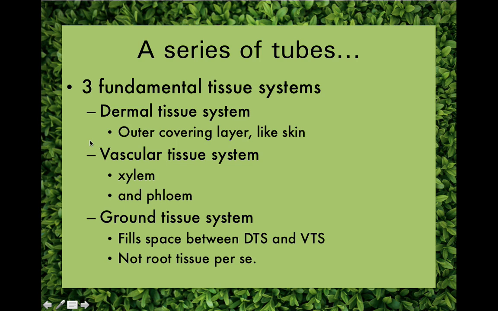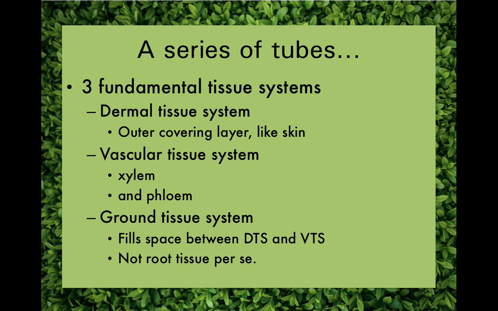So the dermal tissue system provides an outer layer, kind of analogous to our skin, that helps keep moisture inside the plant and protect the plant from predators and pathogens and other things that might damage it. It provides a little bit of strength to the outside.